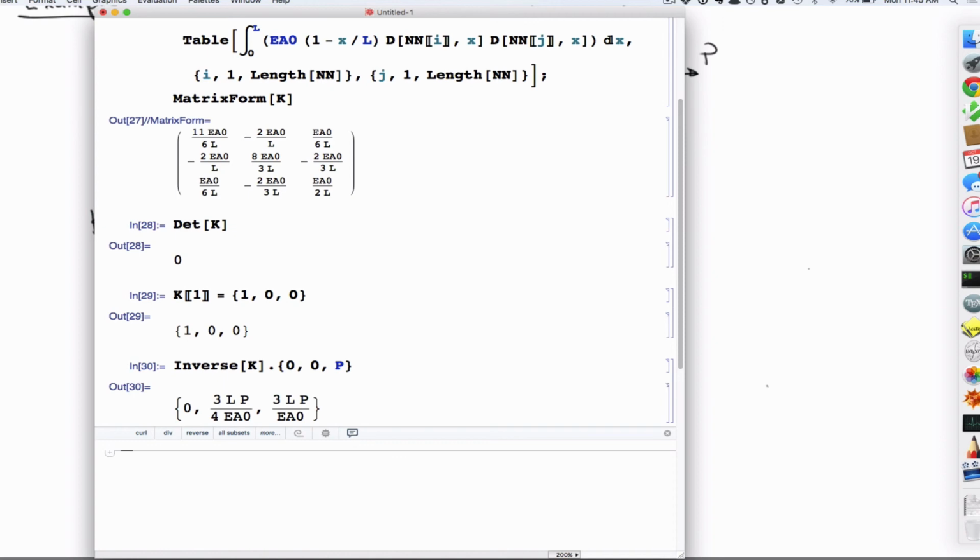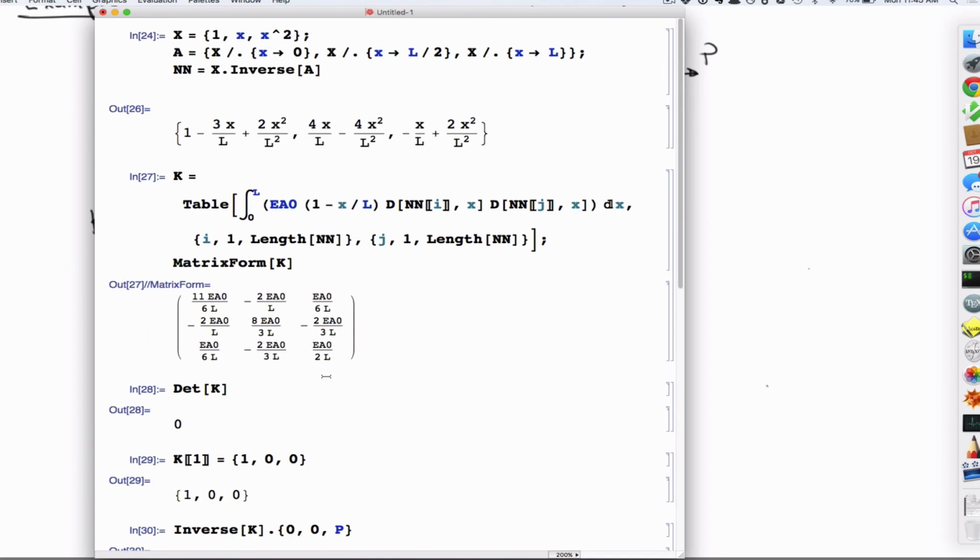And this is the benefit, then, of the finite element method: now we can just go on.